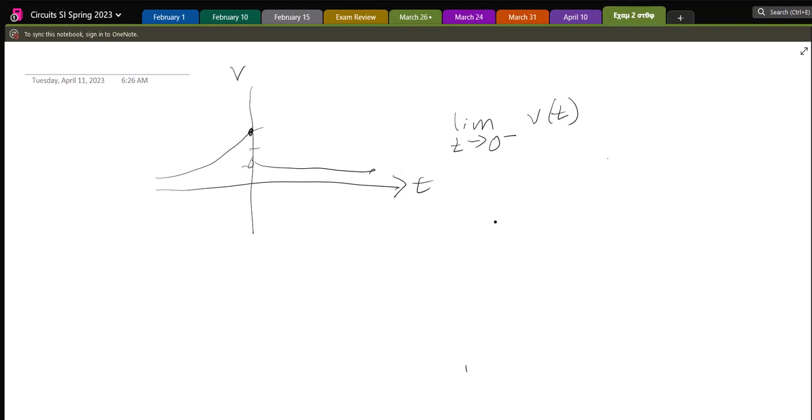Let's say it's voltage. As you approach from the left, the limit as t approaches 0 from the left is 3. Or you might be asked, what is the limit as t approaches 0 from the right? In this instance, it's 1. And so that's what I mean when I say 0 minus and 0 plus.